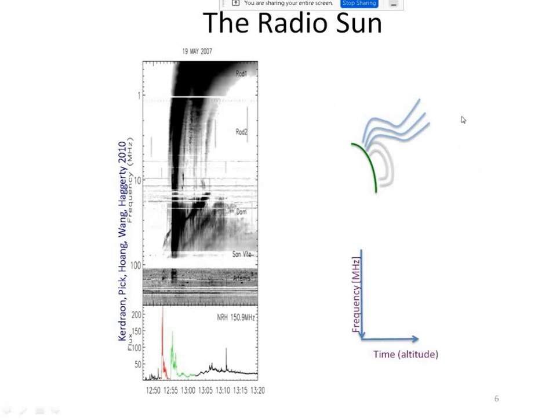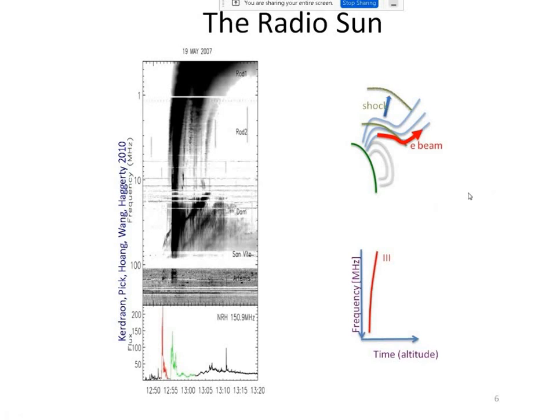Here is a cartoon of how these kinds of radio bursts are generated. On the left panel is an example of a radio burst. For example, the type 2 radio bursts are here, and type 3 radio bursts are here. If the electron beam propagates directly from the sun outward toward the Earth, they will be type 3 radio bursts, which are pretty fast.